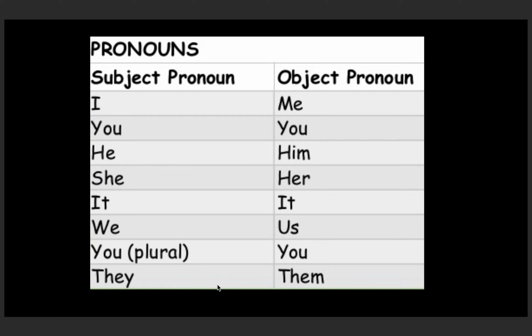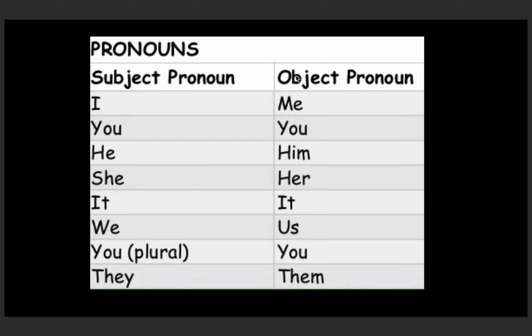Pronouns. Usually there is a subject case pronoun and an object case pronoun. I is the subject case, and when you change it into object position, I becomes me, which is its objective case. We have already mentioned that here. Then you remains you, he becomes him, she becomes her, it remains it, we becomes us, plural you remains you, and they becomes them.